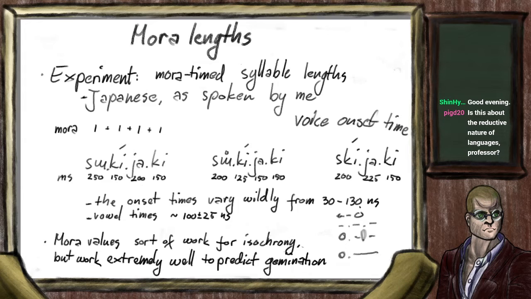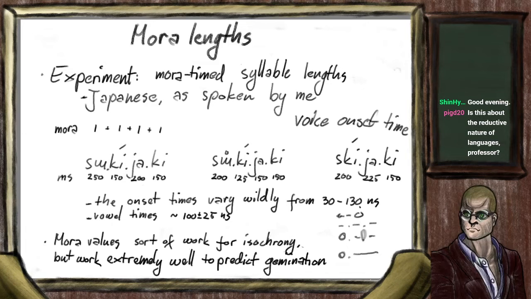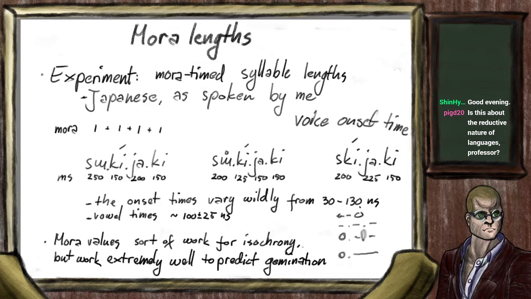It is not impossible for unstressed syllables to be longer than stressed syllables in mora-timed languages. This is basically the definition for a mora-timed language, but it sounds weird even for many native speakers.